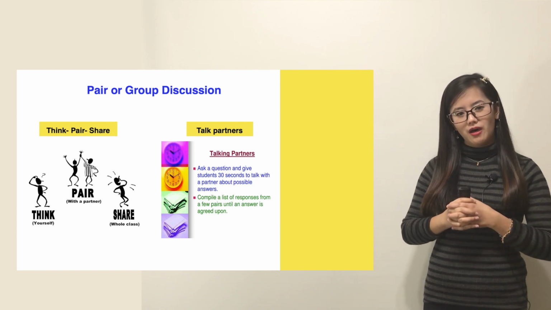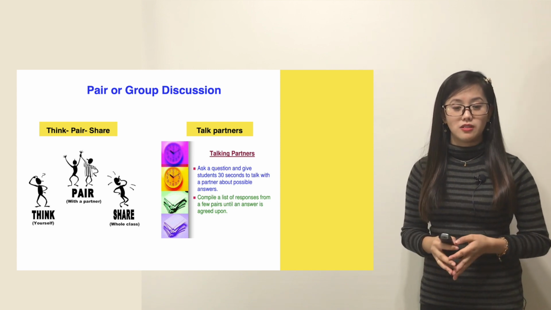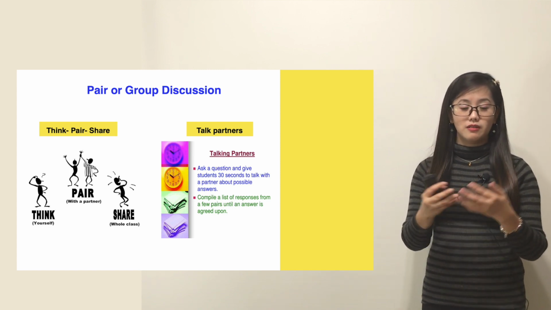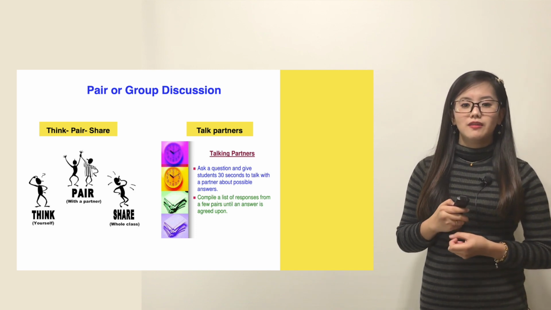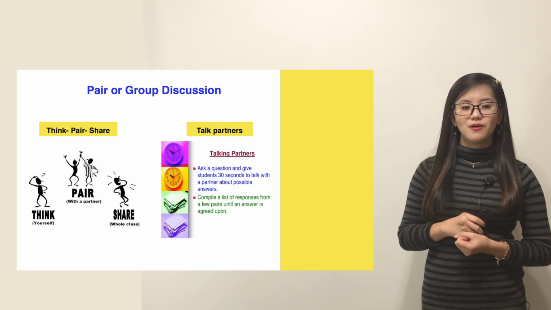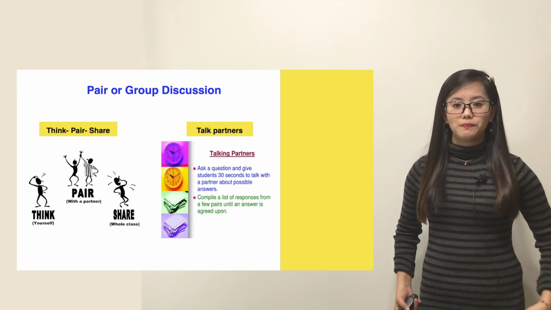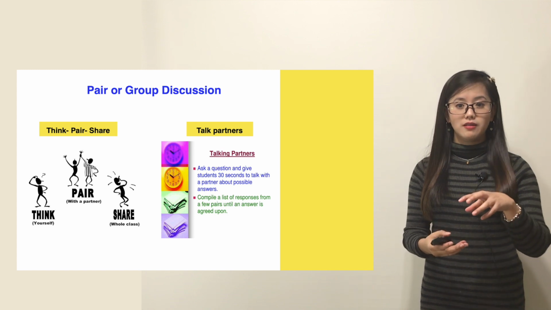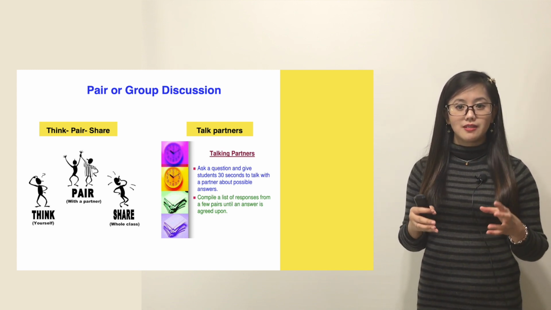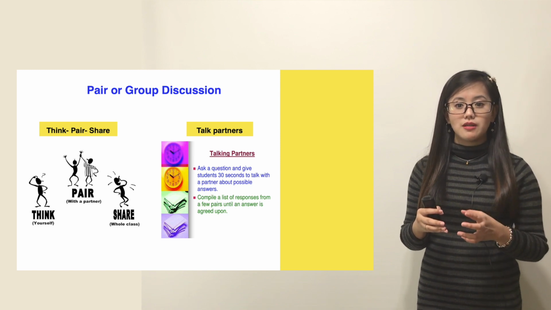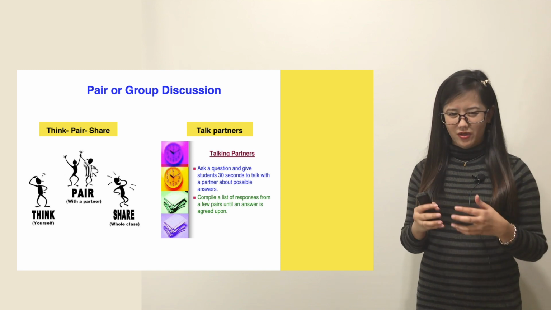I'm not sure whether you have done this in high school, but perhaps you have done this in your university. Another activity is the talk partner. As I mentioned, learners are paired in short discussion activities. Pairs can be chosen randomly, or they are regularly switched.